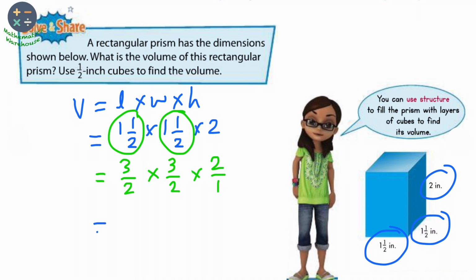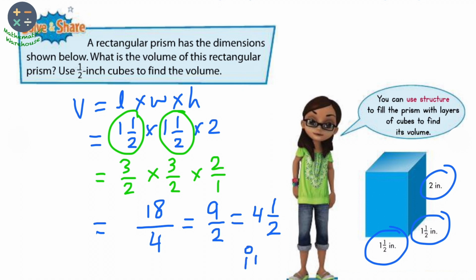This equals 2 times 2 times 1 is 4 over 3 times 3 times 2 is 18, which can be simplified by dividing by 2 up and down to be 9 over 2. Now we can rewrite 9 over 2 as a mixed number. 9 divided by 2 equals 4, and the remainder 1 over 2. So the answer is 4.5 cubic inches. That's why, because we have a volume.